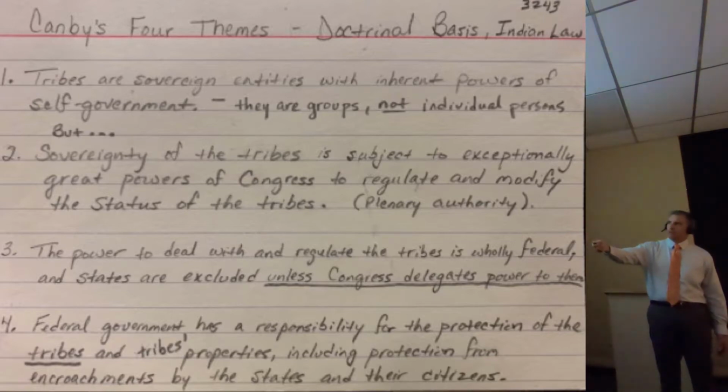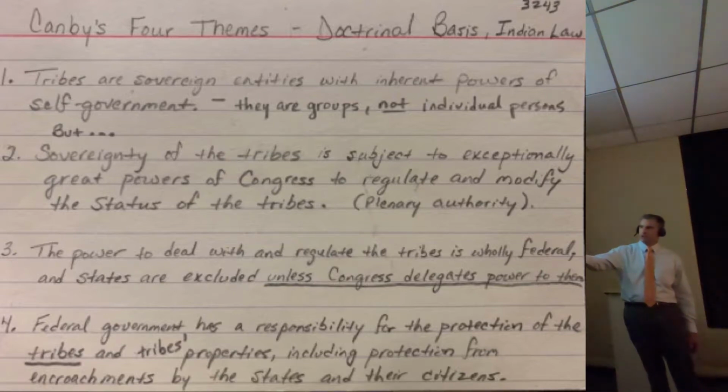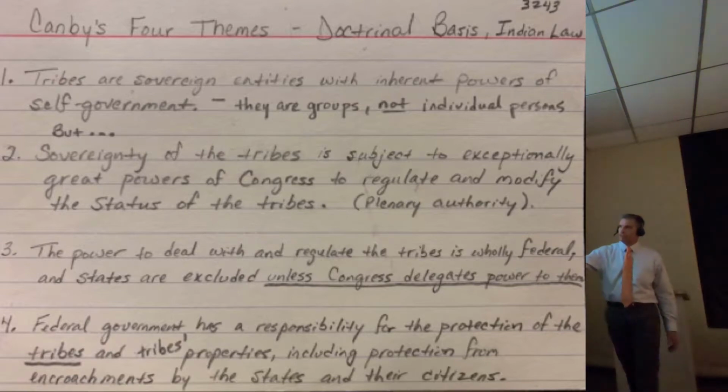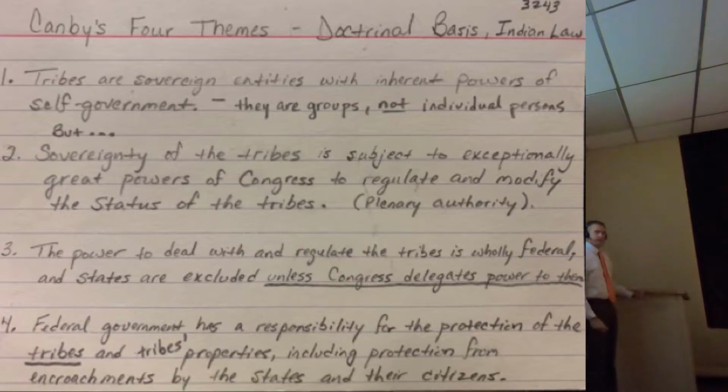So that's kind of a caveat of that. Number 4, theme. The federal government has a responsibility for the protection of the tribes and the tribes' properties, including protection from encroachments by the states and their citizens. That is really important. That's part of the trust relationship of the United States toward the Indian tribes.